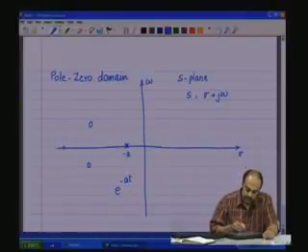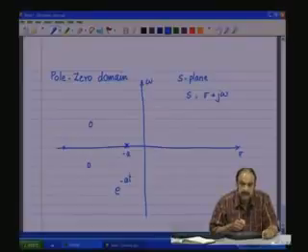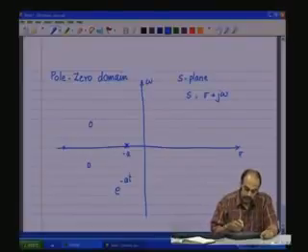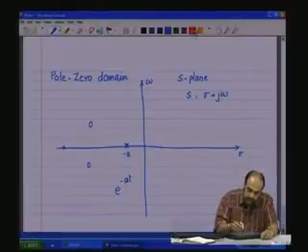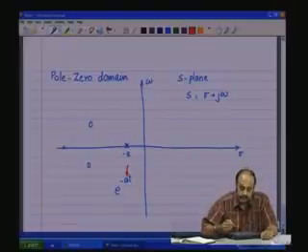So, we know that if there is a disturbance in the system, that disturbance will decay with a time constant which is 1 by a.